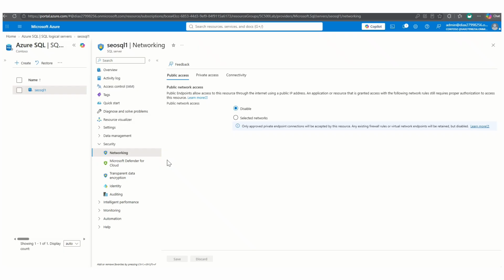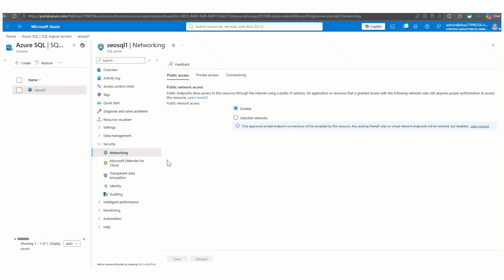Depending on the database, if you're going to use a database internally, of course, you do not want to have public network access. It's all depending on the case, but public endpoints allow access to this resource through the internet using a public IP address. That's, in a nutshell, what it means.